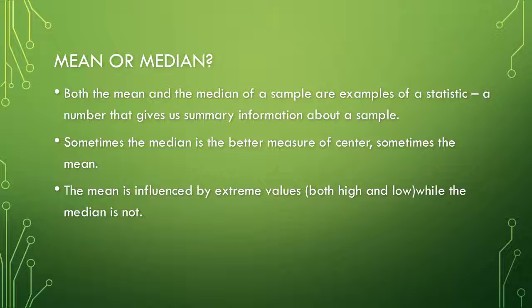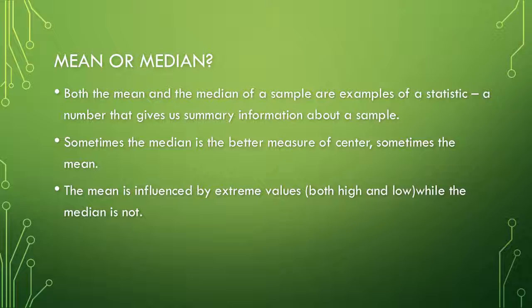Well, the problem with the mean is that it's influenced by extreme values, both high and low, while the median is not. For example, just something common you guys have probably experienced. If you want to know what the class average of a test is, well, if there is one person that just blew the roof off the test, or if there's one person that just really bombed the test and everybody did okay, that one person, because of their extreme grade and because it's so far apart from everybody else's, can really pull the class average down.